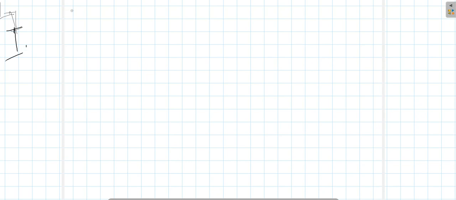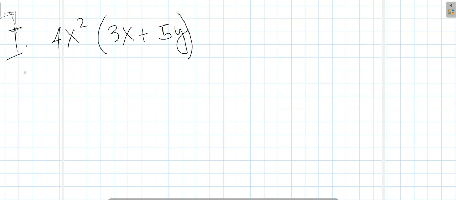Number 1: 4x squared times 3x plus 5y. To multiply this, you're going to use the distributive property because you are multiplying a monomial times a binomial.